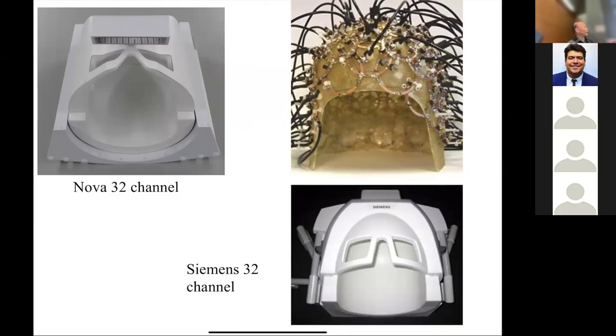Once that was proven, Siemens took that concept and came up with the coil on the bottom. There are thousands of these coils now. So a lot of the things you see when you go and have an MRI done were invented in academia and then went to industry.